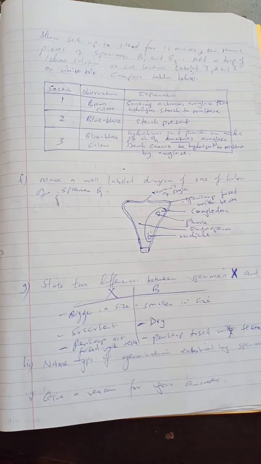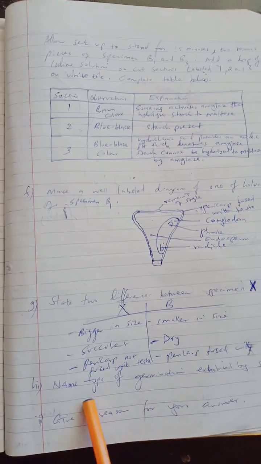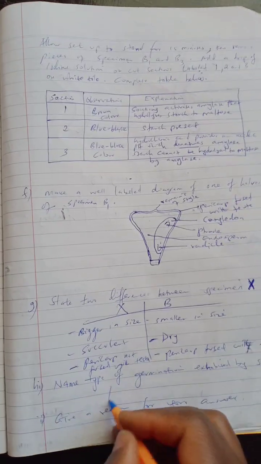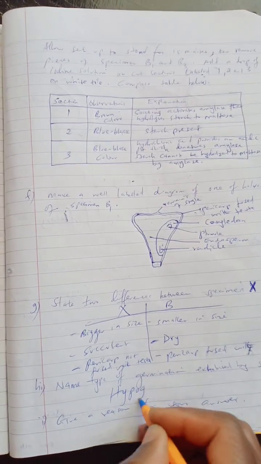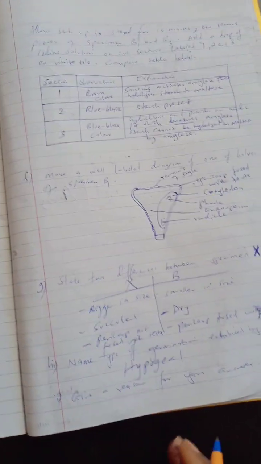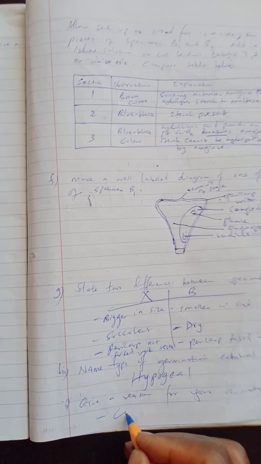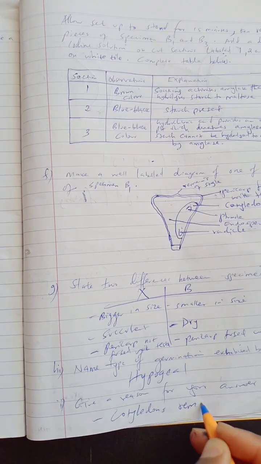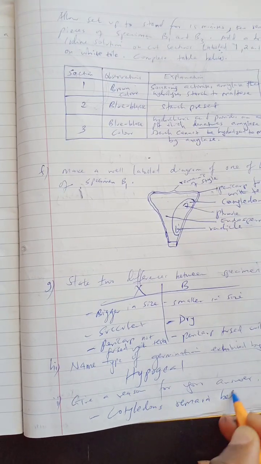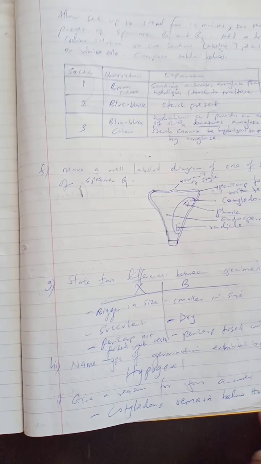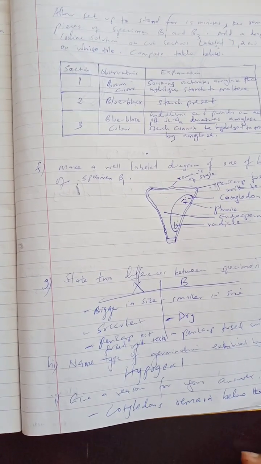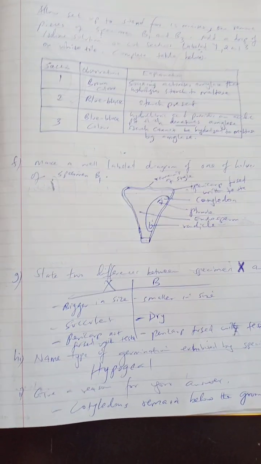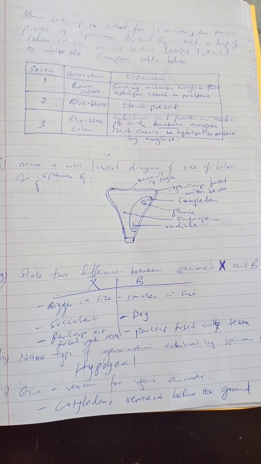And then sometimes you can be told, name the type of germination shown by a maize grain. You know that the type of germination is hypogeal. And then if you are told to give reason, the reason is cotyledons remain below the ground. For hypogeal germination, cotyledons remain below the ground.